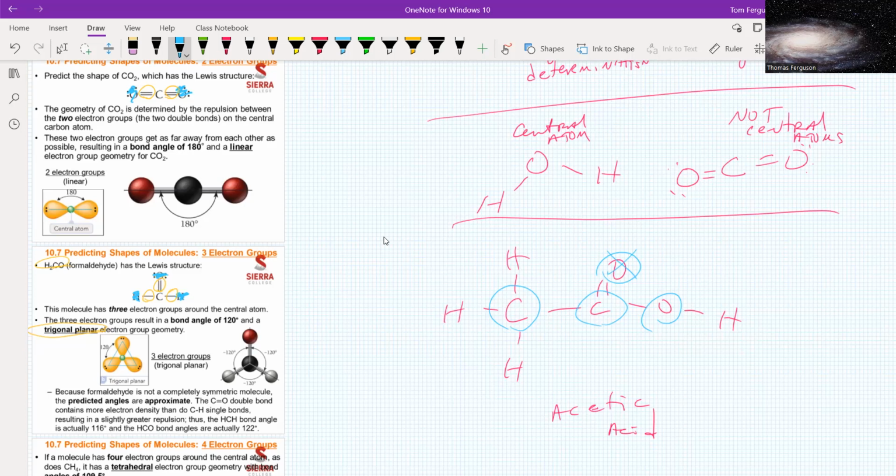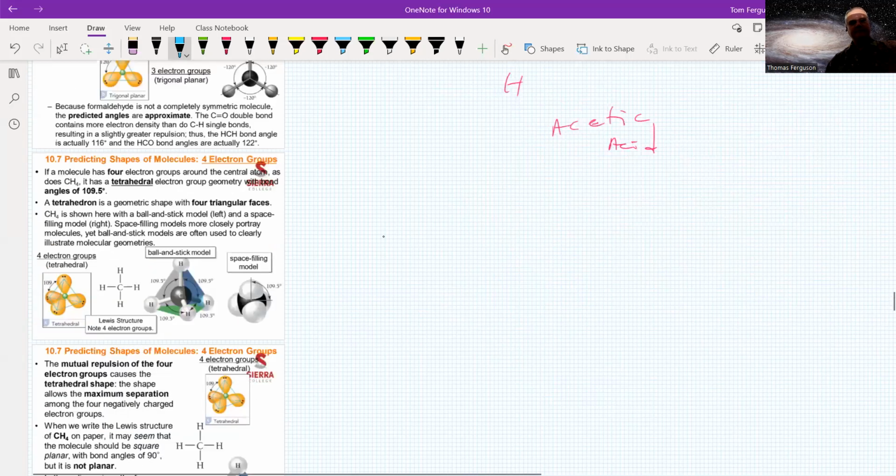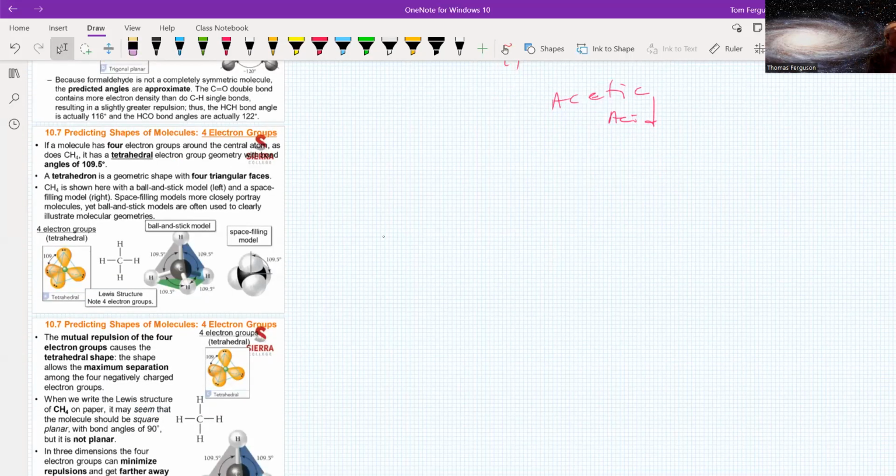So for this molecule, we have to do three analyses: for carbon on the left, carbon in the middle, and the oxygen on the right.